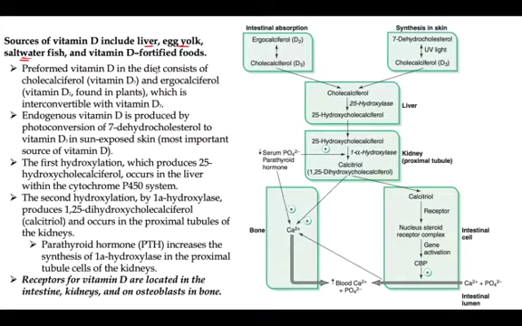Now, there are two ways vitamin D comes into our physiological environment. One is through intestinal absorption, and in this case, we have ergocalciferol, which is D2, and during and following absorption, ergocalciferol is converted to cholecalciferol.